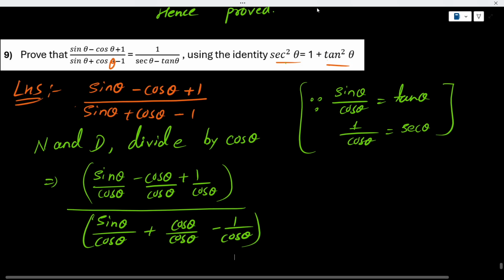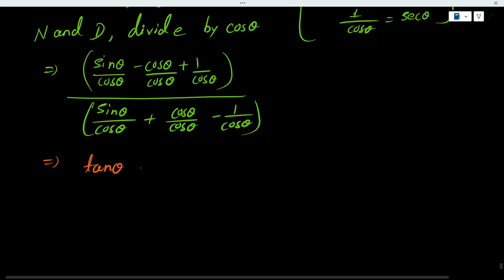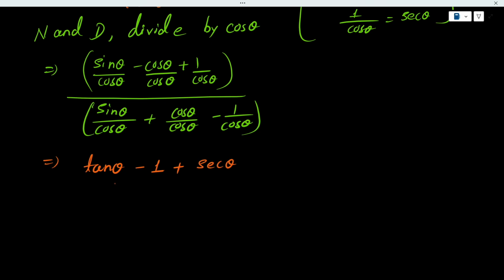After that, sin by cos is tan theta, so tan theta minus 1 plus 1 by cos, which is sec theta, by tan theta plus 1 minus sec theta.